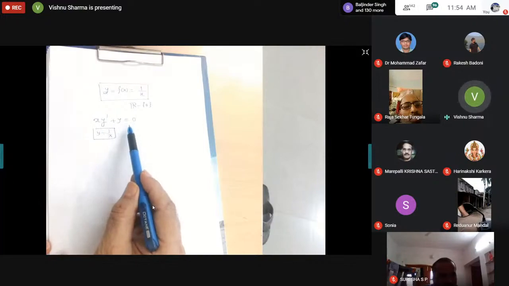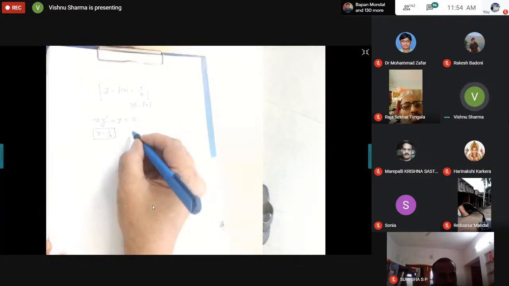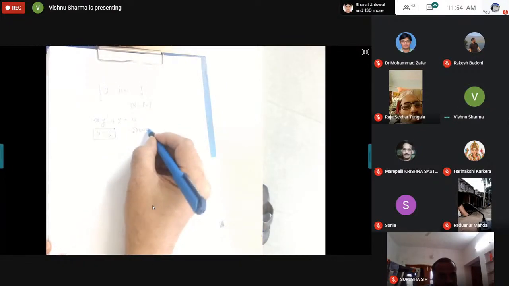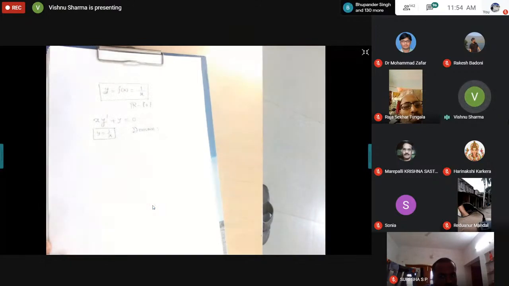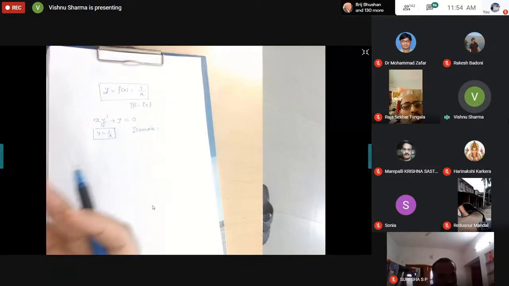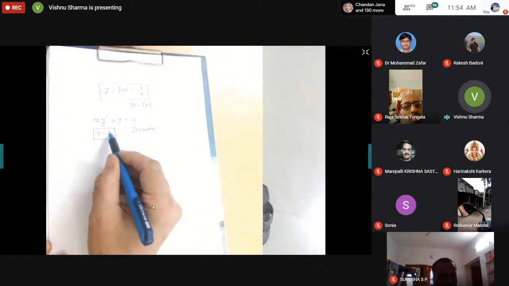And if I ask what is the domain of the solution of this differential equation? Would anybody, a young teacher or young postdoctoral fellow, be able to answer this question? What is the domain of the solution of this differential equation, 1 by x?